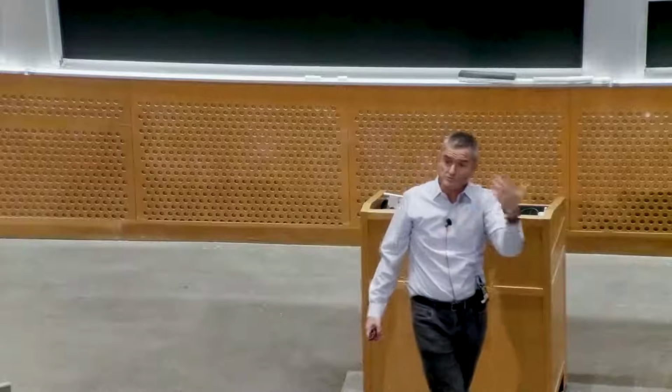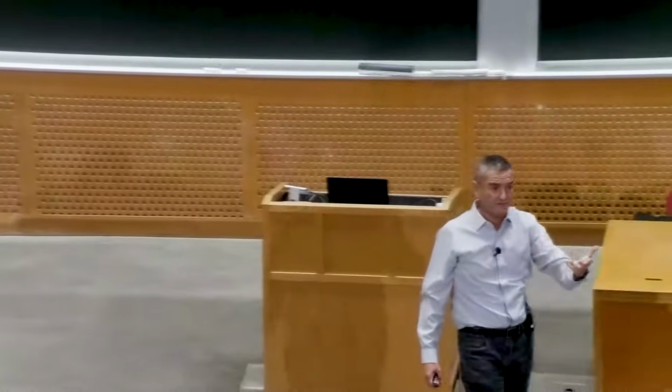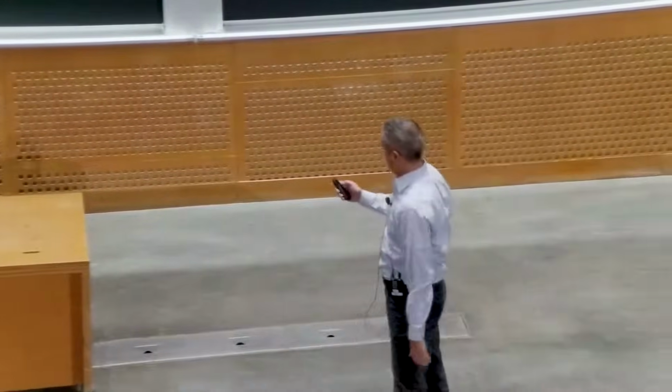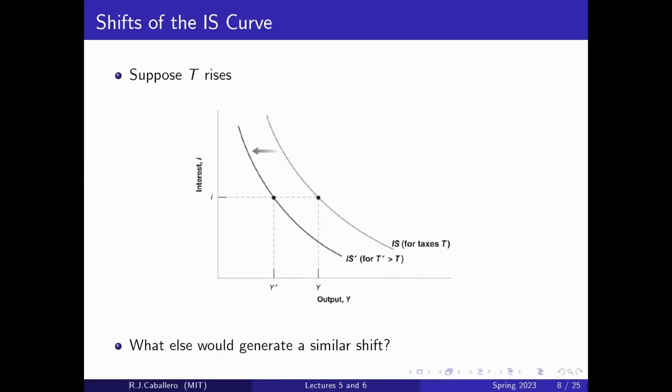Well, that will reduce disposable income for any level of output, and that will lead to a contraction in aggregate demand, output, and so on and so forth. So that means that for this interest rate, now I found another point that is an equilibrium in the goods market, but it belongs to a different IS because I moved one of the parameters, which is the taxes.